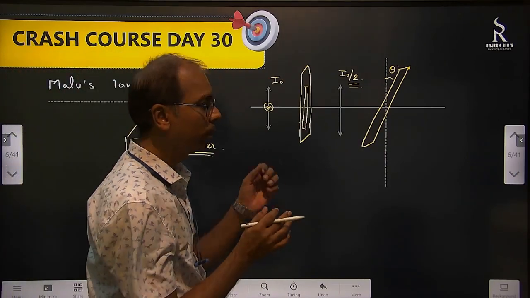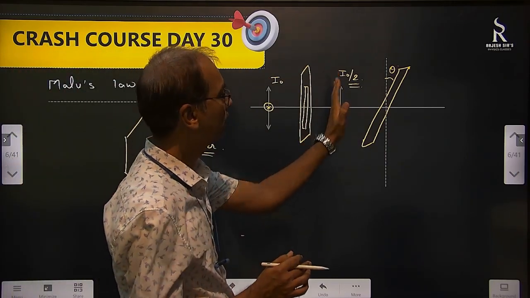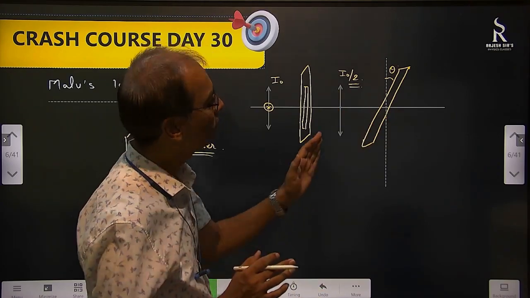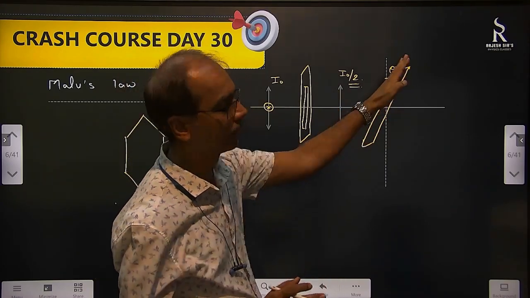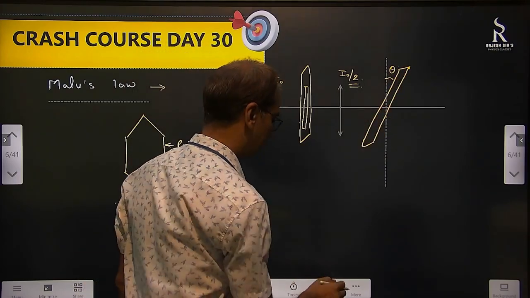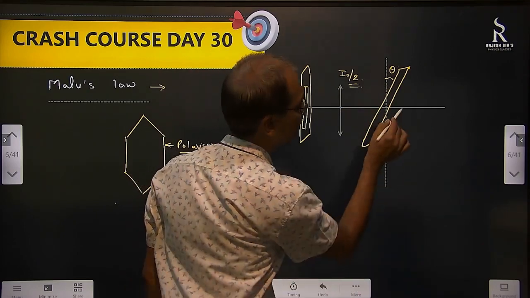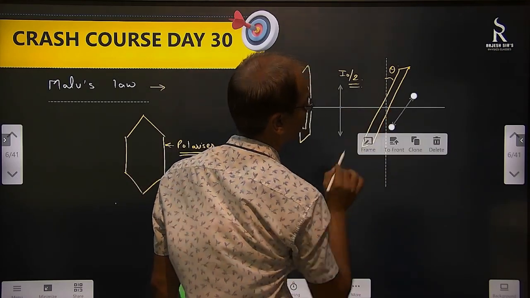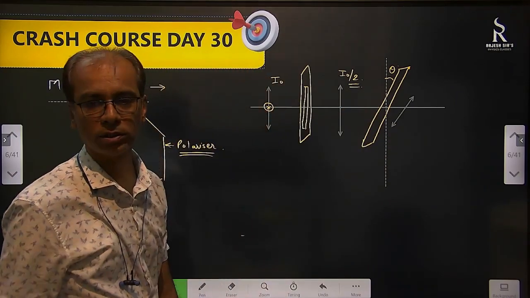Here I am showing the vibrations like this. Now, how will the vibrations be over here? Vibrations will only remain along the plane, so vibrations will be like this now.